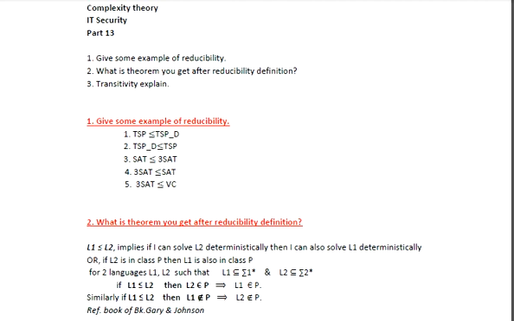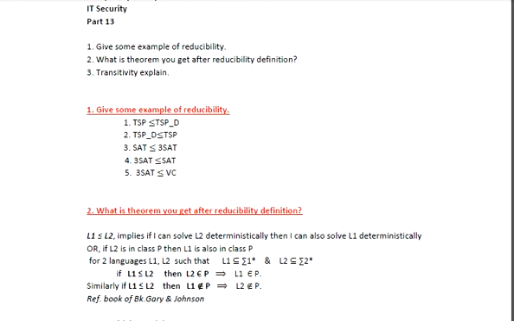By these five proofs we can say that TSPD, TSP, 3-SAT and vertex cover are NP complete problems. We will see these proofs later. For this video we will see some related problems of P and NP.